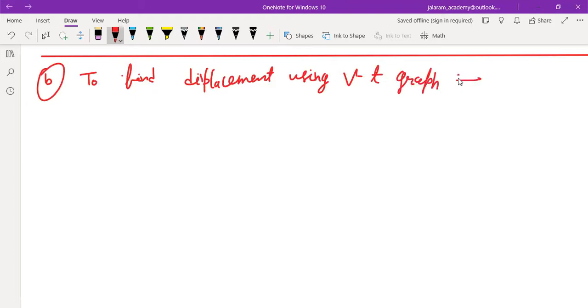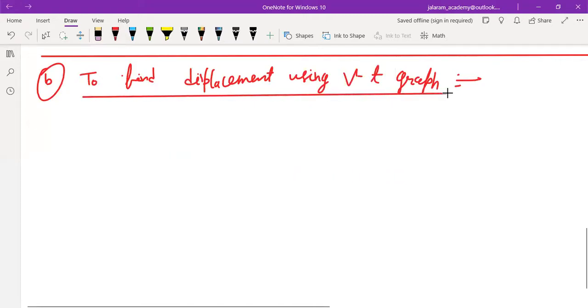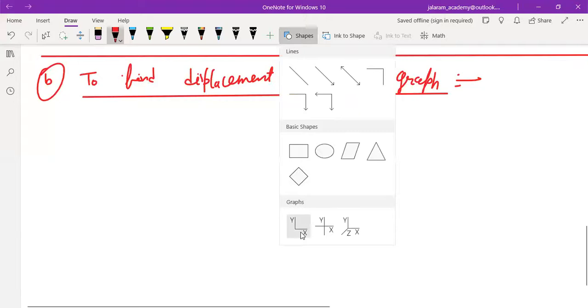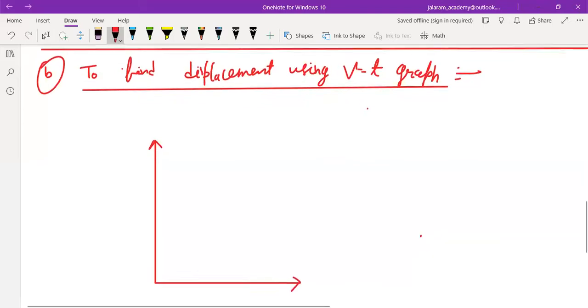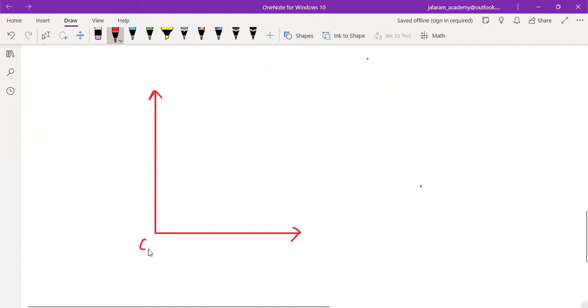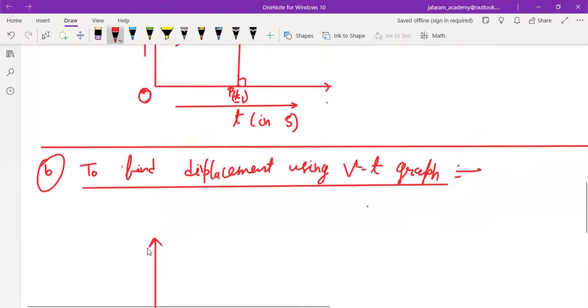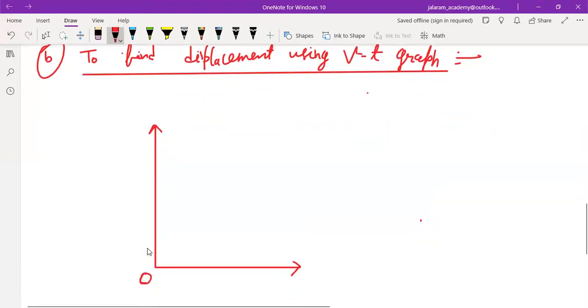So draw a graph again using pencil only to find displacement using velocity time graph. Continue to draw the graph whenever you are asked to do so. Then only this topic can be understood easily.